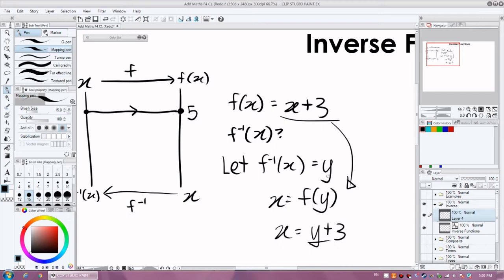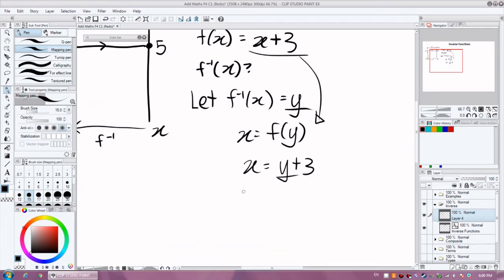Now with y as the unknown, we need to find y to find the inverse function. So I just swap it over: y equals, with 3 swapped over, x minus 3. Because f negative 1 of x is equal to y, f negative 1 of x equals x minus 3.